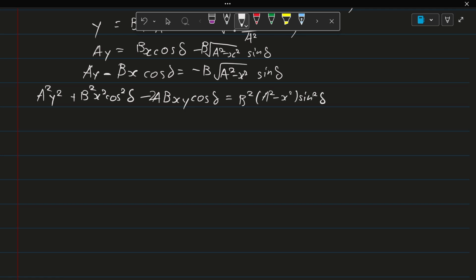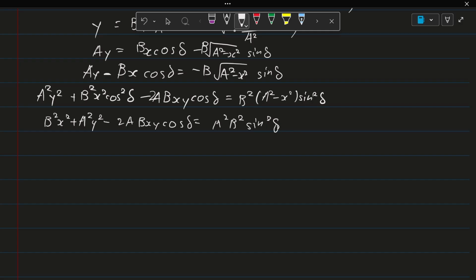And so you could collect the terms: b squared x squared plus a squared y squared minus 2abxy cosine delta equaling a squared b squared sine squared delta. And this is the equation of motion, or basically the trajectory.